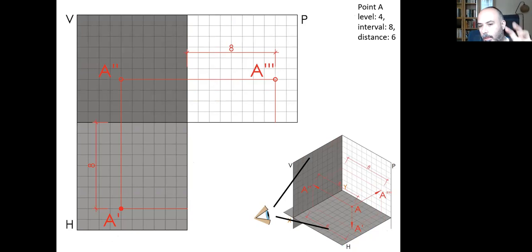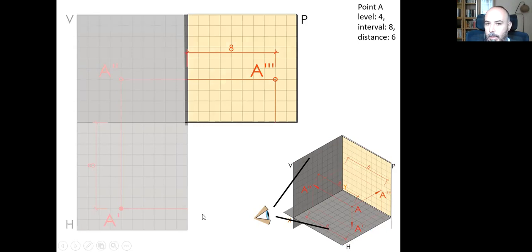Now I'm looking at the system from here, from the left side, and right in front of me, I realize that there is a profile projection plane. And I cannot see the rest of the drawing. I'm just concentrating on this part of the drawing. And if I try to see the horizontal projection plane, I cannot because of my position.